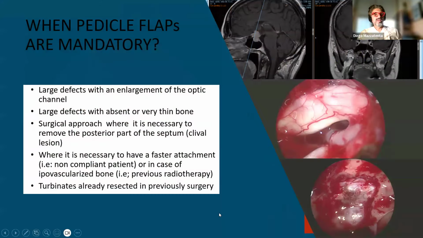Pedicle flaps are mandatory, obviously, in large defects with enlargement of the optic canal, for example, in tuberculum sellae meningiomas, because during this procedure, when we choose the endoscopic endonasal approach, we also open widely the optic canal to remove intradurally the remnant of the tumor in the optic canal. Also in large defects with absence of very thin bone, and in case turbinates were already resected in previous surgery, as you can see.